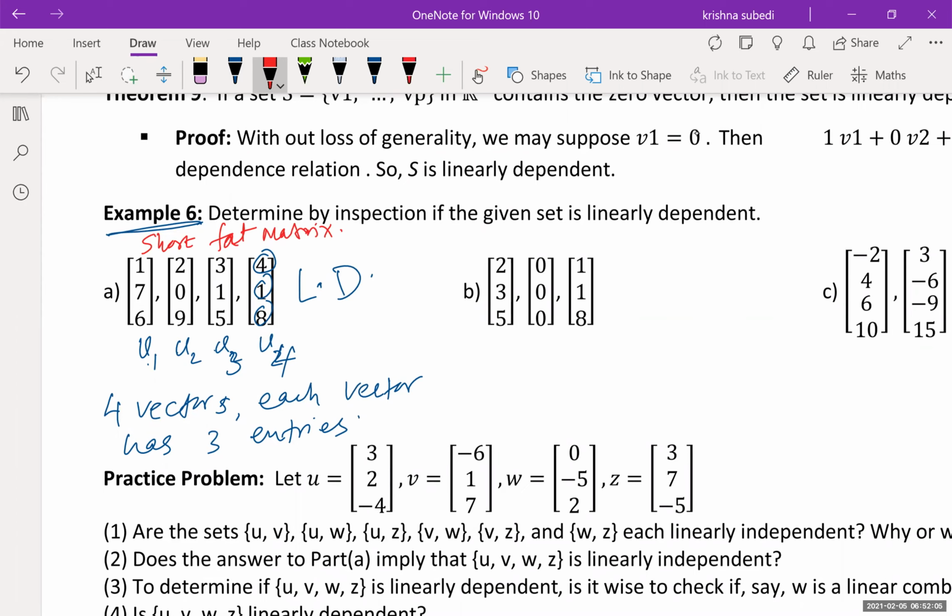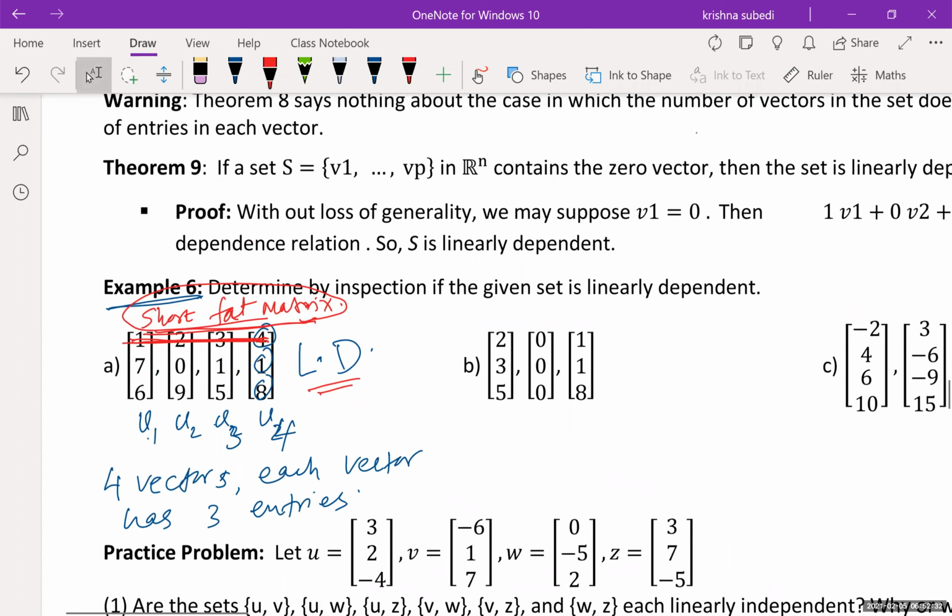Because there are 4 of them, but the height is only 3 feet, while the width is 4 feet. So it's a short but fat matrix. And even short and fat people depend on other people, right? I'm just kidding. Anyway, this is one way to memorize. When I was a student, I memorized this theorem this way: a short fat matrix is always linearly dependent.